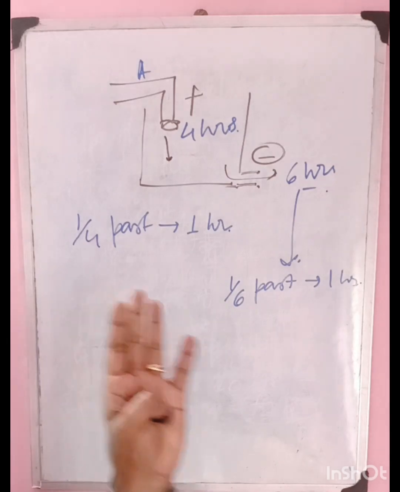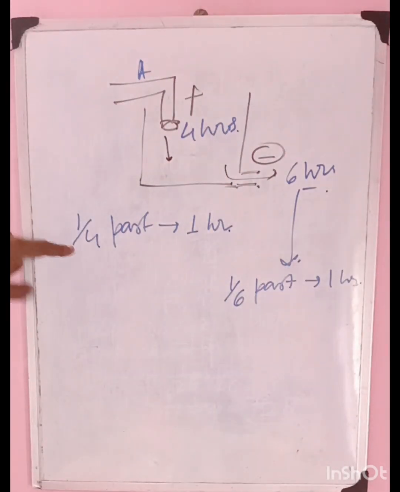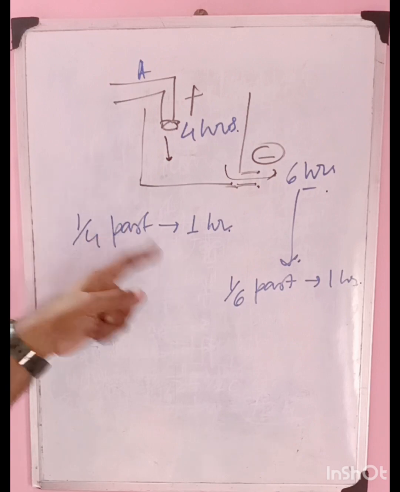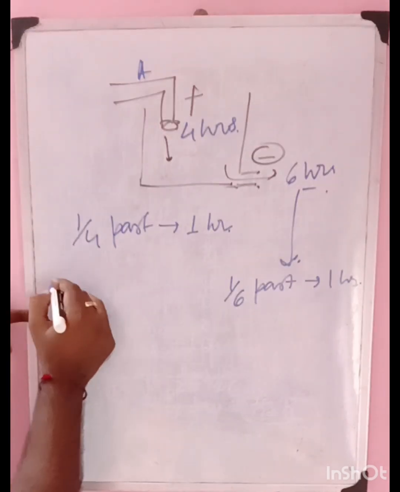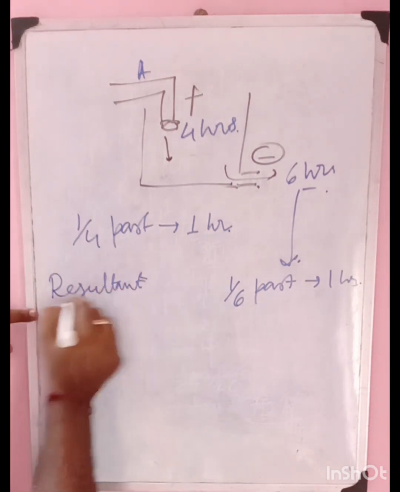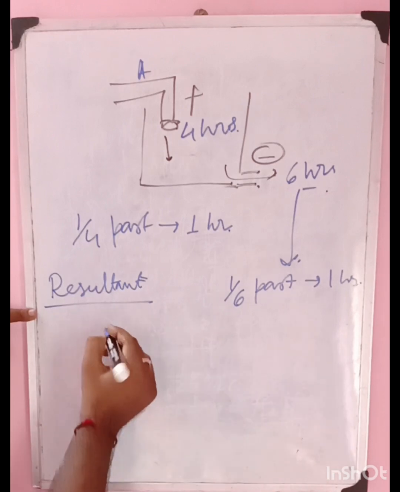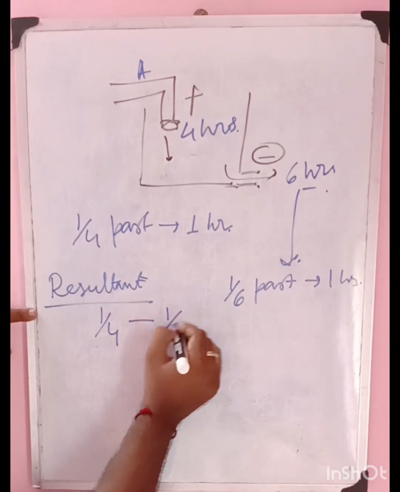So what is the resultant after 1 hour? You have poured 1 by 4 part and 1 by 6 part is drained out. So what is left? That is 1 by 4 part minus 1 by 6 part.